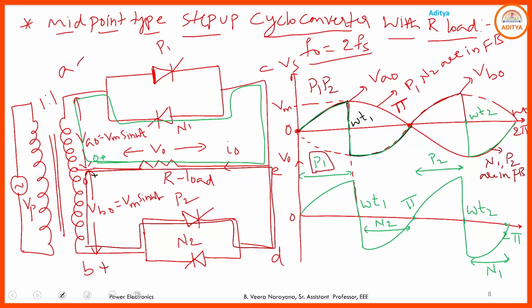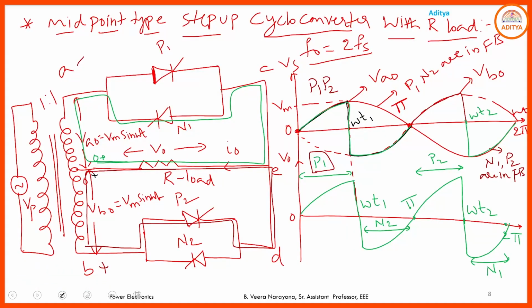If you have P2, P3, P4, that is the difference. From the operation point of view and output voltage point of view, there are no differences. The same output voltage waveforms can be observed for both midpoint type converter and bridge type converter. Output voltage should be the same.